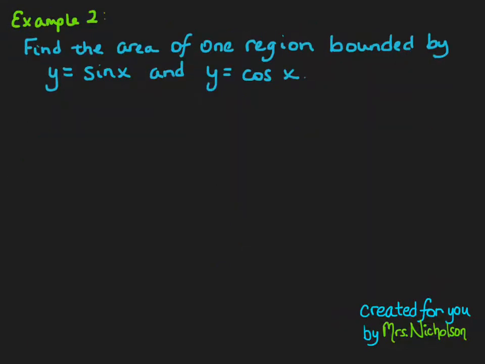Let's look at a second example. Find the area of one region bounded by y equals sine x and y equals cosine x. So the wording of this problem is a little interesting, but let's sketch a graph and see if we can make some sense of this. So I'm going to sketch sine x first.